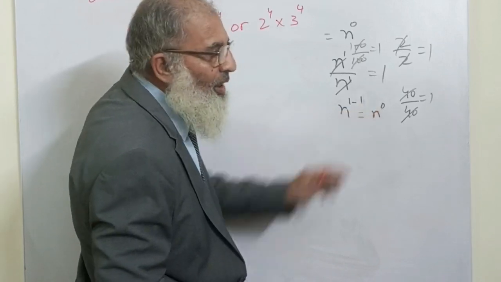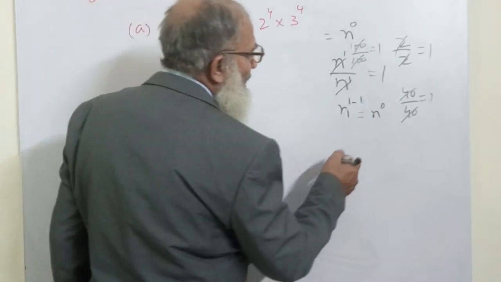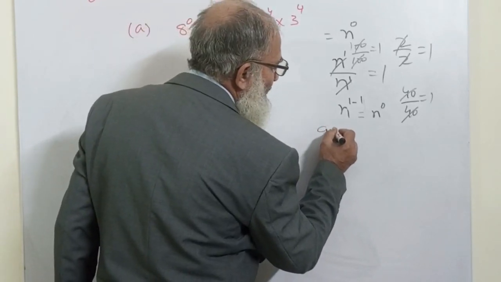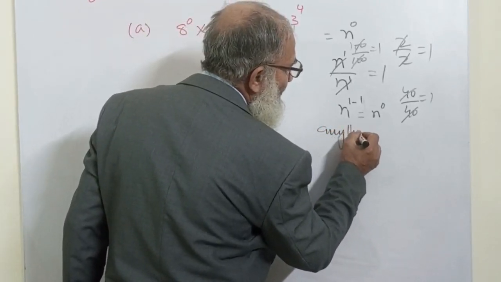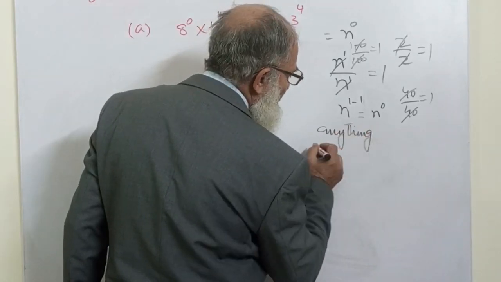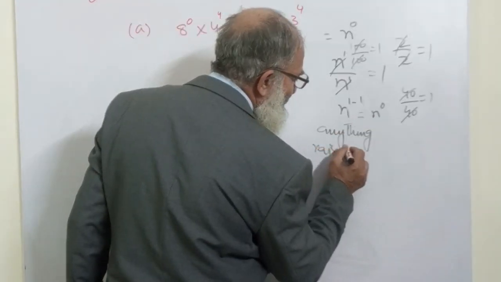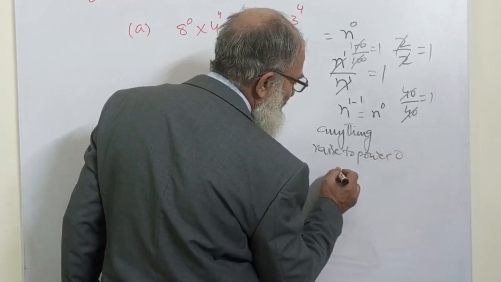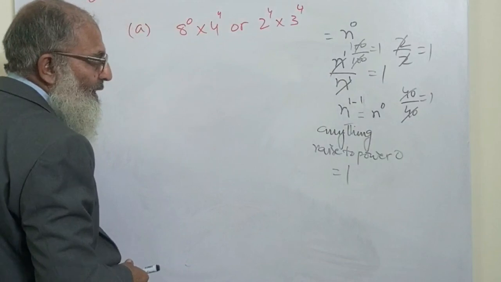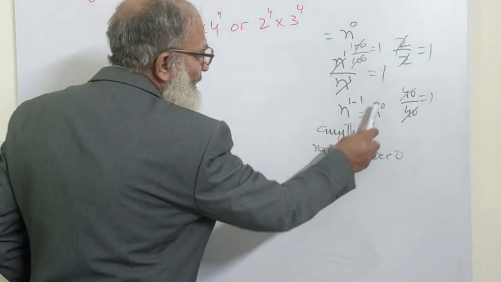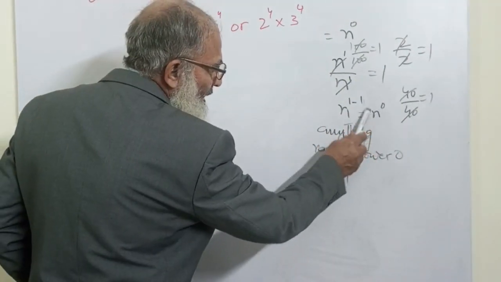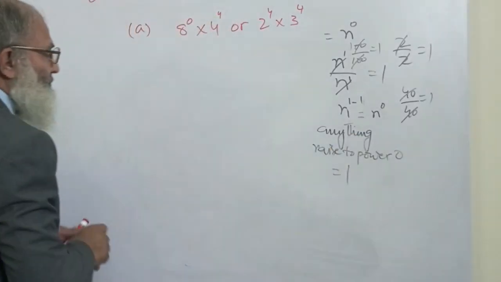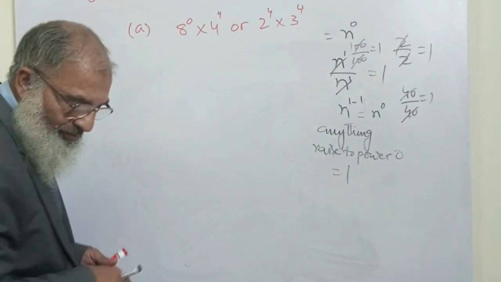And now I can say that anything raised to power 0 is equal to 1. Anything raised to power 0, anything. Now n stands for anything, raised to power 0 is equal to 1. So what happens here?